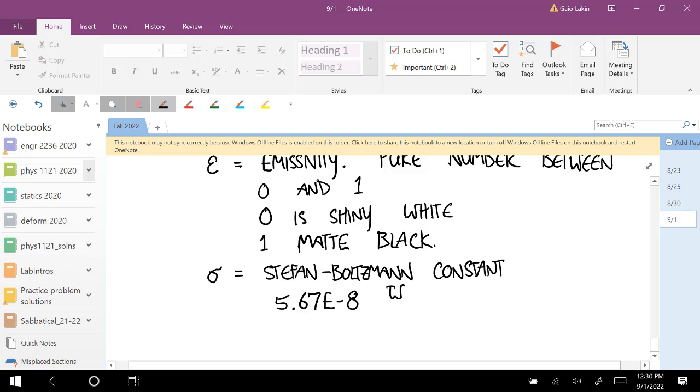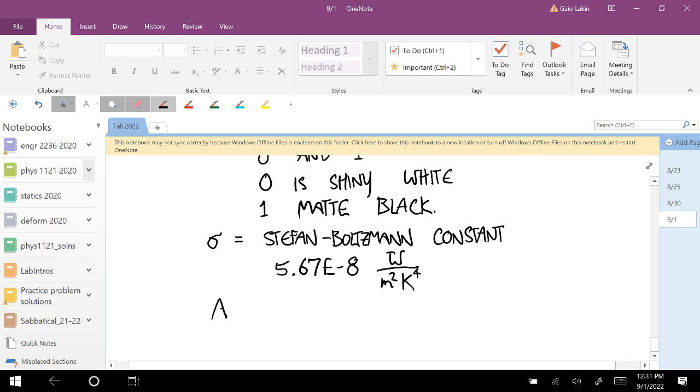And the units are watts per meter squared, Kelvin to the fourth. A is the surface area of the material. And capital T is the surface temperature of the material.